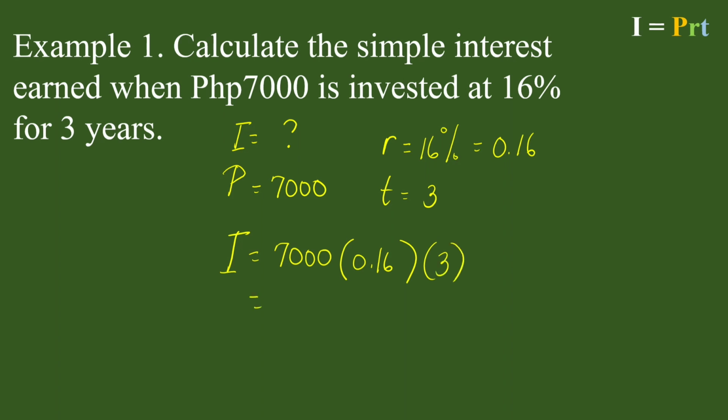Okay? Using your calculator, 7,000 times 0.16 times 3 equals 3,360.